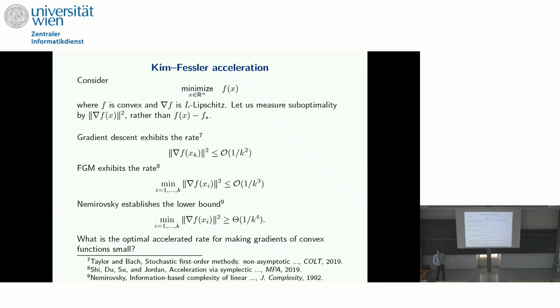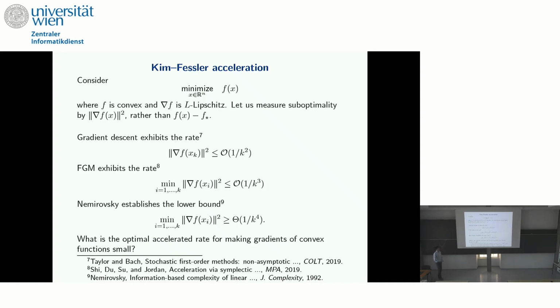Now, this is convex optimization, differentiable convex optimization. So this being 0 is the same thing as this being 0. But this being small is not the same thing as this being small. So when we change the performance measure, the optimal acceleration mechanism will change. Let's see. Under this performance measure, what are the performances of the existing algorithms?